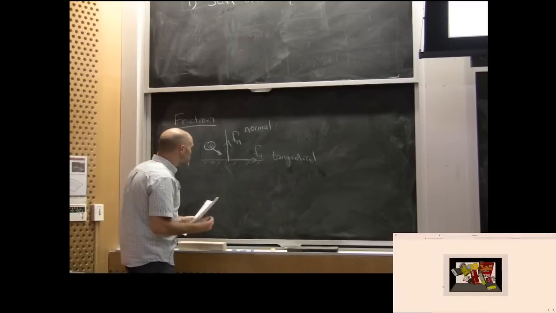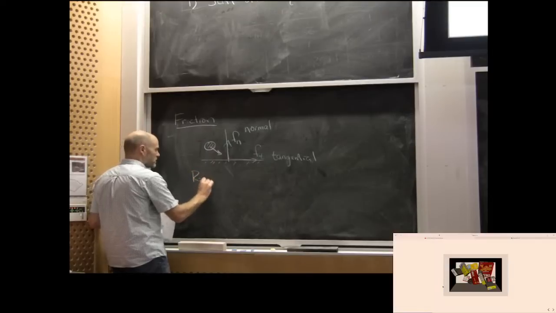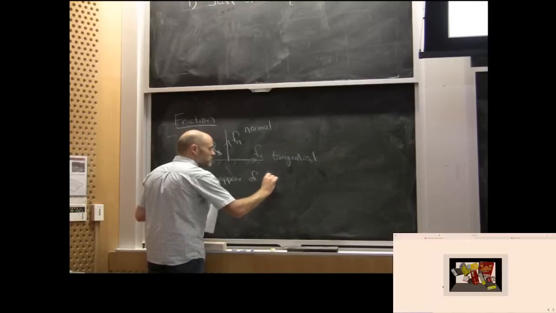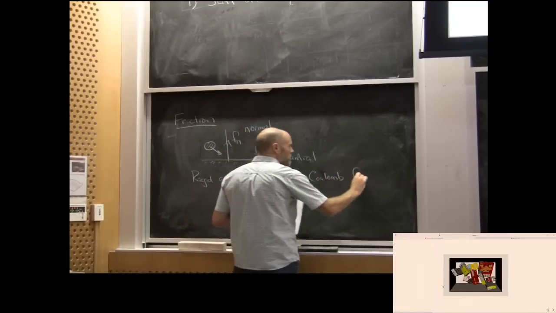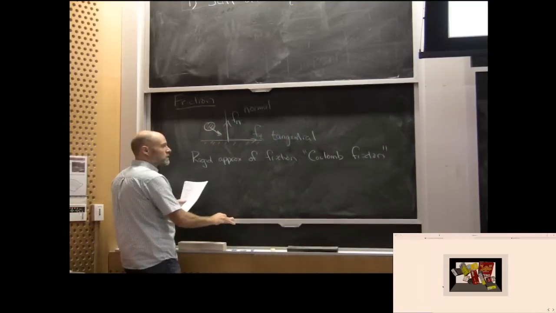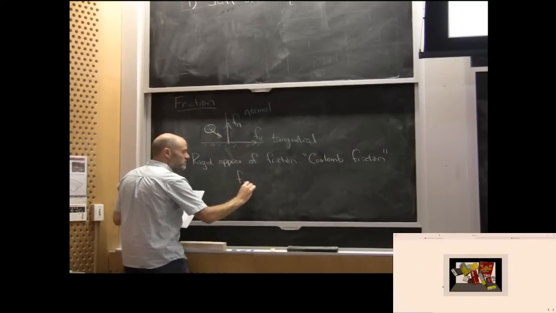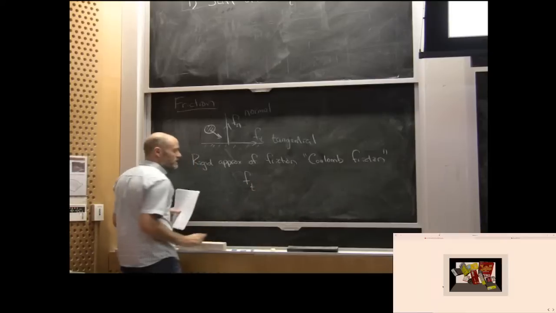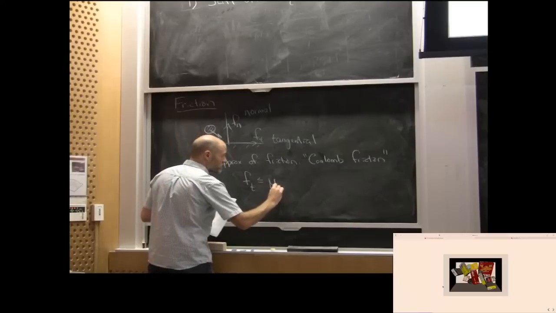The rigid approximation of friction is most famously Coulomb friction, which says, again, it's a dissipation law, which says that my frictional force, my tangential force, is less than or equal to some coefficient of friction times my normal force.